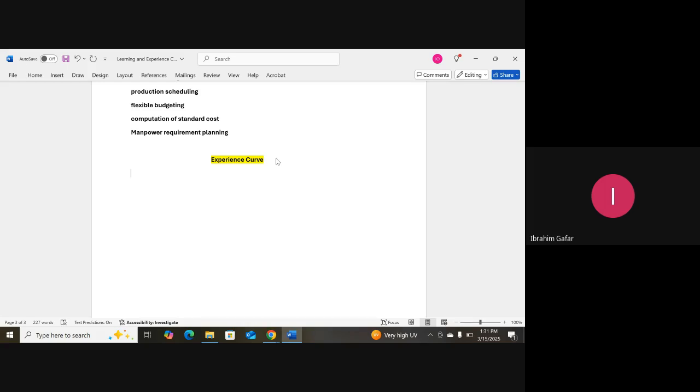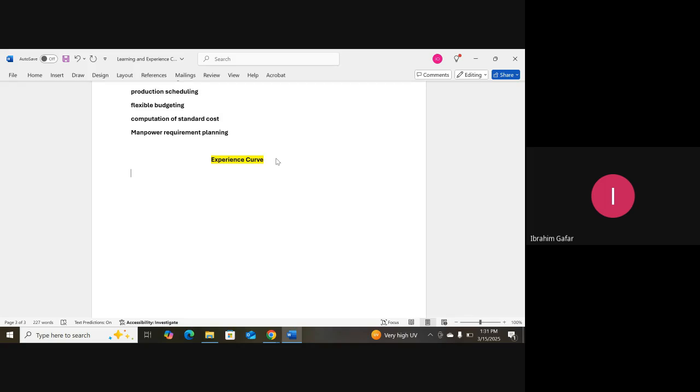So you have to take note of certain things. I said experience curve is similar to learning curve, just that the learning curve deals with what? Only labor hours.